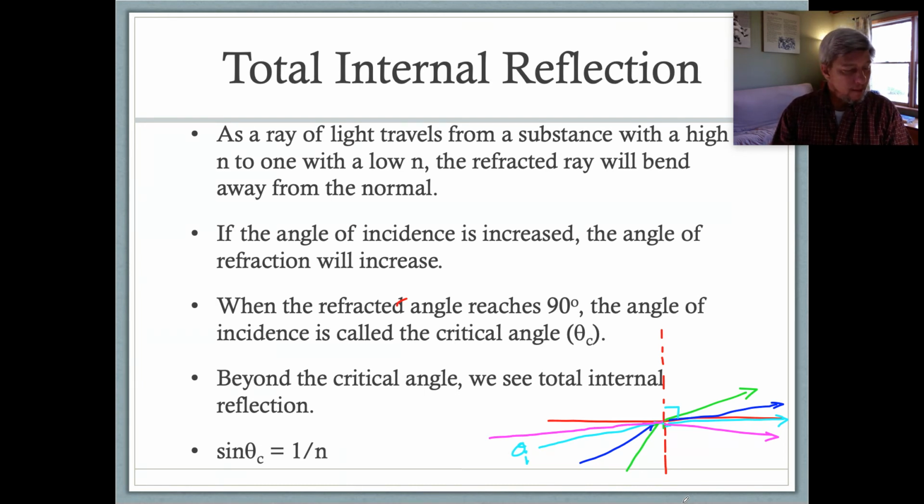Now, this is not given on the reference tables. They would expect you to be able to derive this because what is the sine of 90 degrees? 1. All right, and so they don't leave you with that. In any event, so sine of theta c is equal to 1 over n.